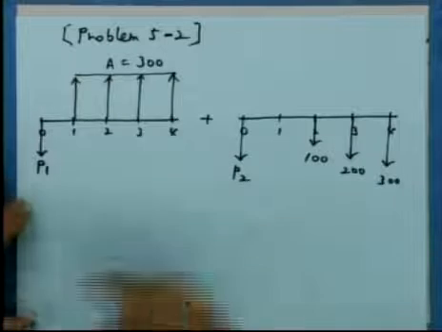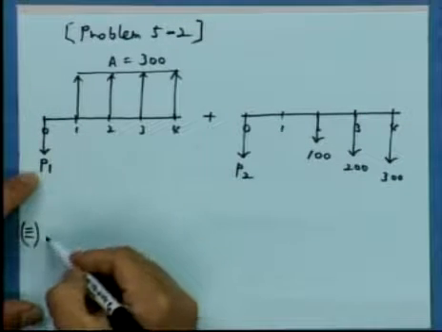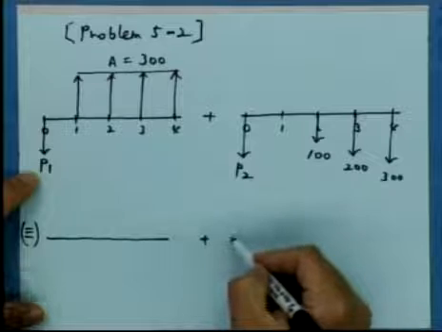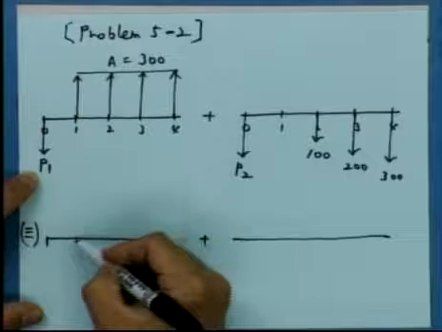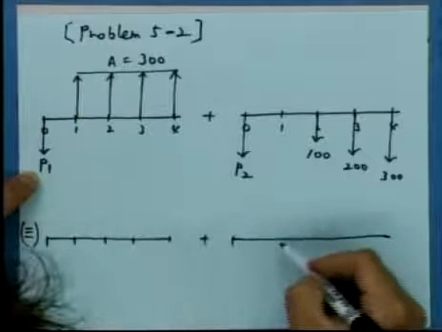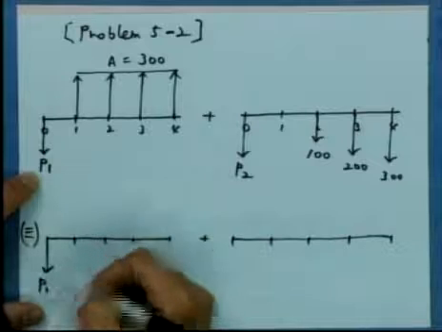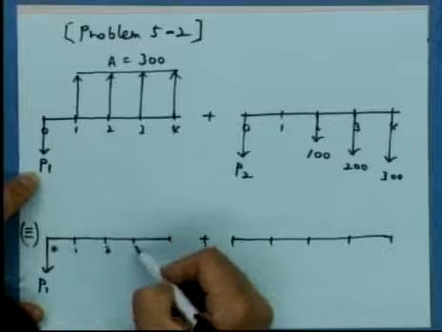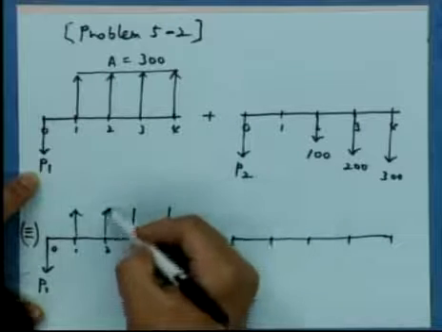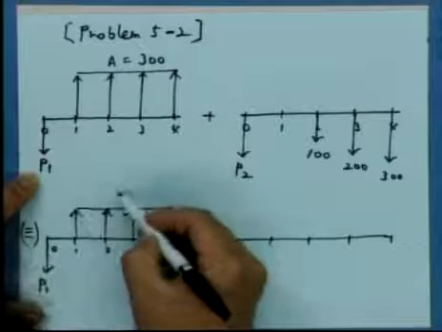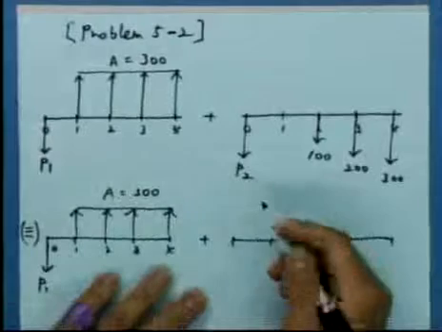And of course, these two diagrams are exactly the same as this. P1, 0, 1, 2, 3, 4. $300, right? These are exactly the same.